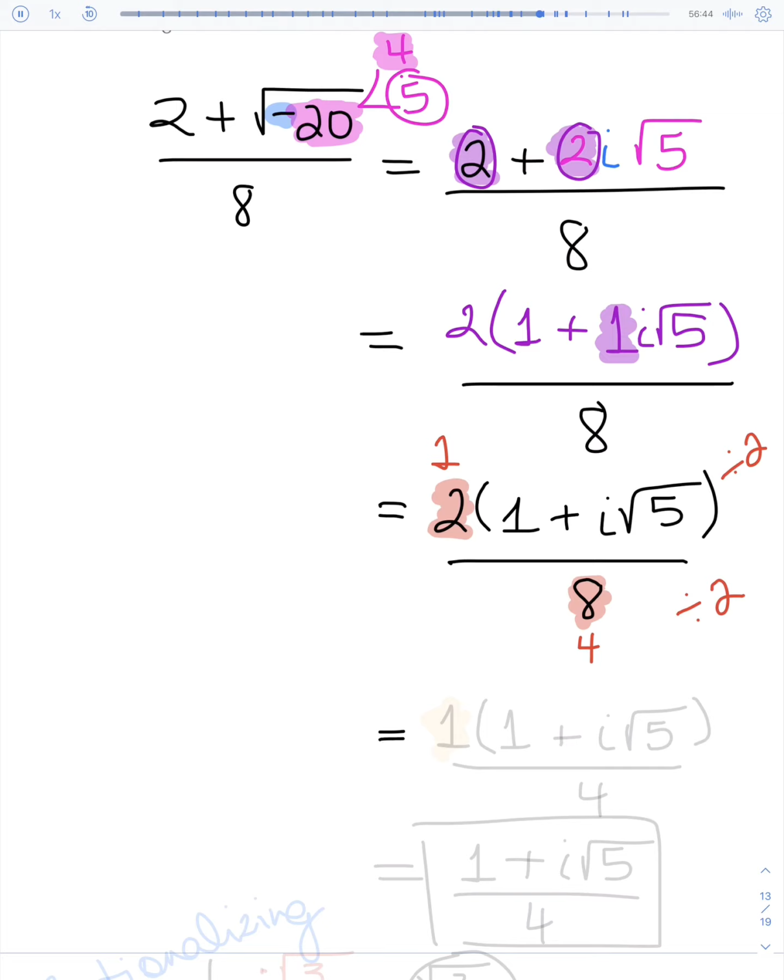So that gives us 1 times 1 plus i square roots of 5 all over 4. The one thing that, again, we do not have to write is the 1 that's out in front, because multiplying anything by 1 means it won't actually get changed by that 1, so I don't need to write it. So on top, I end up with just my 1 plus i square roots of 5 all over 4.